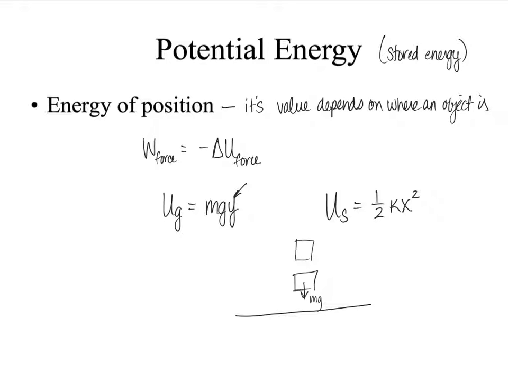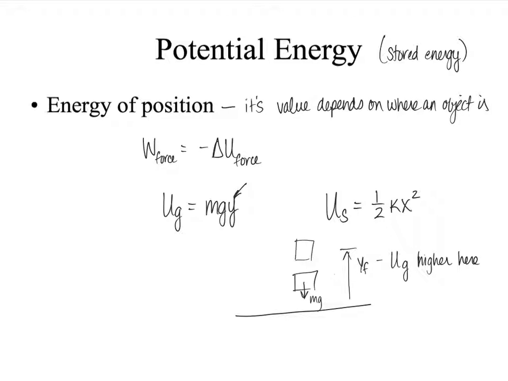But as it goes to a higher height, the potential energy of gravity is higher than it was at the lower height. So as we move it higher, we're giving it more potential energy. And it really depends on where the object is.